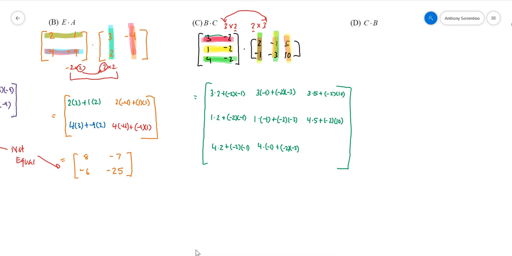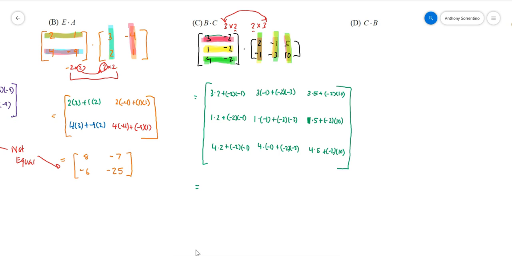You're seeing a lot of repeats on this because of the fact that I do have a column in the first matrix that's all the same values. That's not going to happen all the time, so keep that in mind. And of course, for this row and this column, I'm going to have 1 times 5 up here. I was getting ahead of myself before. 4 times 5 plus negative 2 times 10.